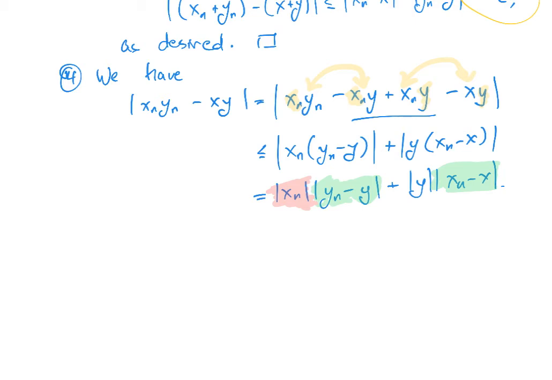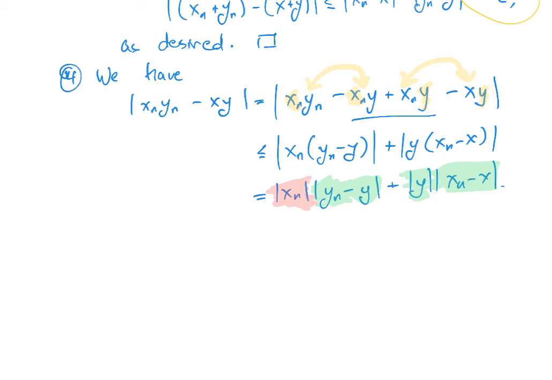Except this absolute value of y is just some real number. So when xn minus x gets really small, multiplying it by an absolute value of y won't change the fact that it's really small. So actually, I'm going to change that one to green because that's okay.